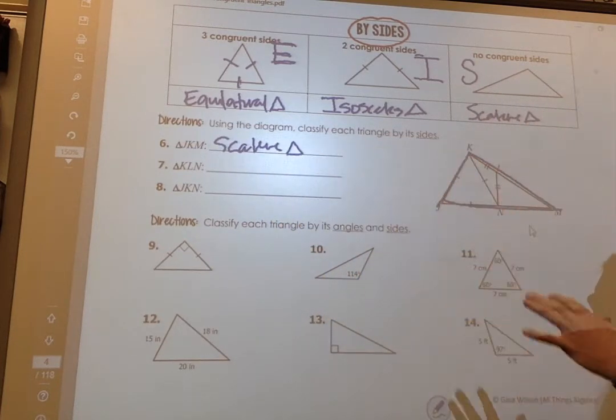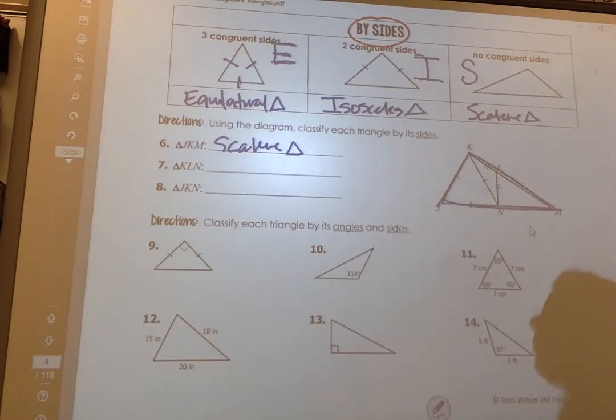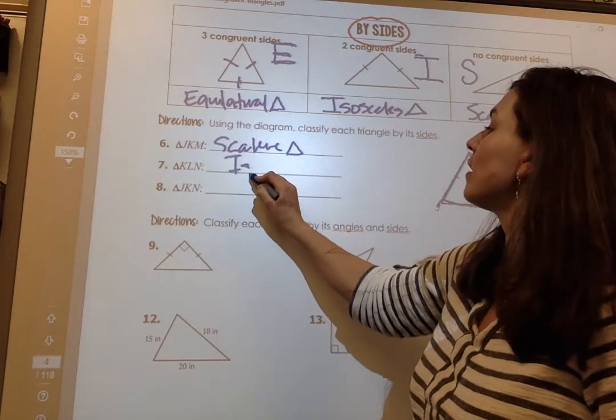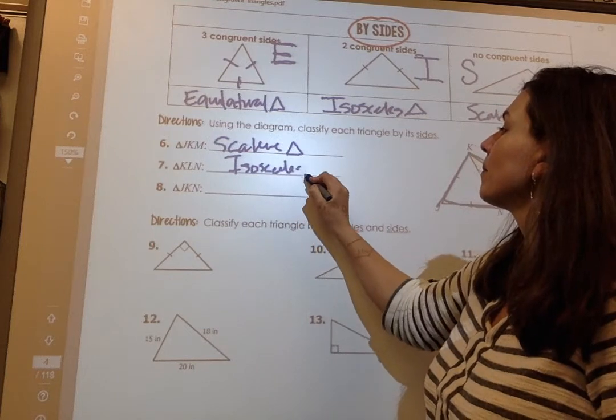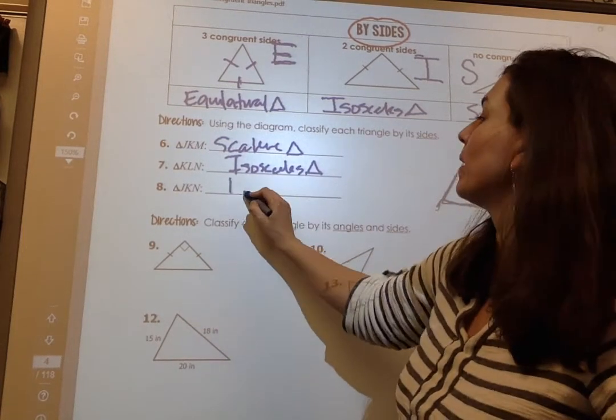And this is just by its sides. We don't know anything about the angles right now, so we can just classify them by their sides. So look at 7 and 8, see if you can figure those out on your own. So number 7, we should be getting isosceles triangle. And for number 8, we should be getting equilateral triangle.